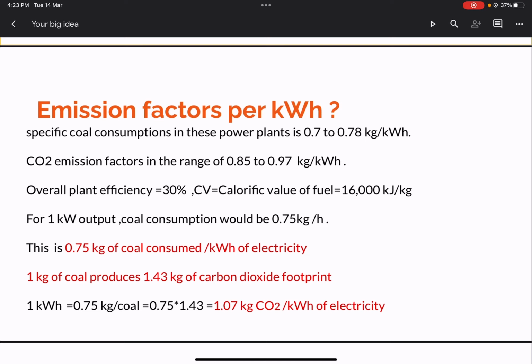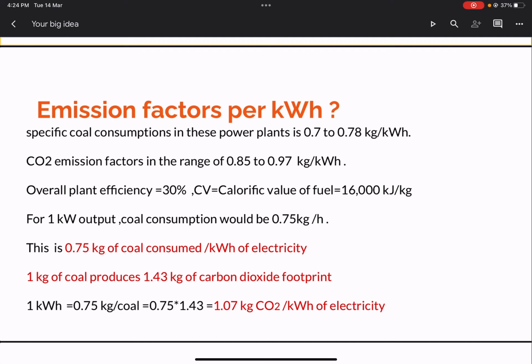In India, the power plant efficiency I had taken as 30%. I had taken the calorific value of the coal which is used in India as 16,000 kilojoules per kg, and I had taken the coal consumption to be 0.7 kgs per hour.